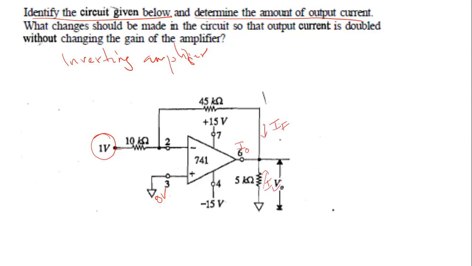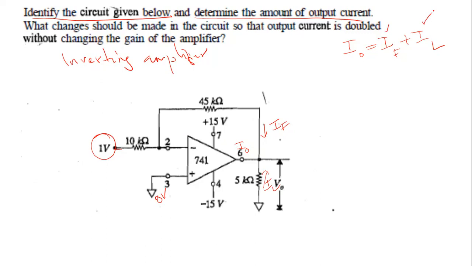So your current relation here is I naught is equal to IF plus IL. Right. So in order to calculate I naught, the output current, you need to obtain your IF and your IL first.